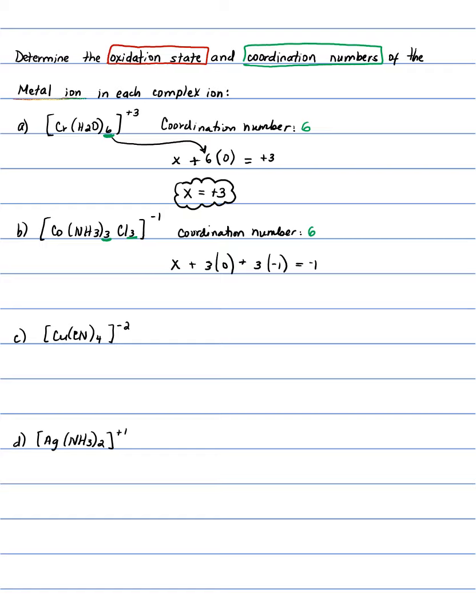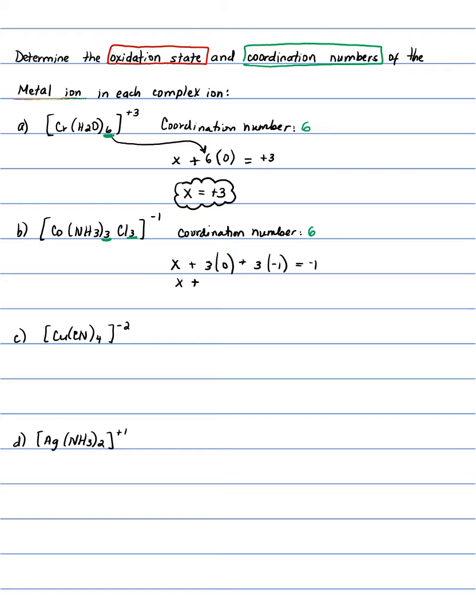It's just one cobalt, so I'm using just X. When you add all of those oxidation numbers together, they should add up to the overall charge of that complex ion, which is -1. So you have 3 times -1, that will give you -3. You have 3 times 0, that will give you 0.